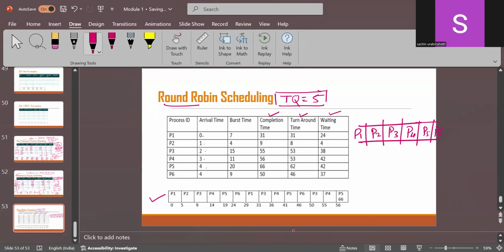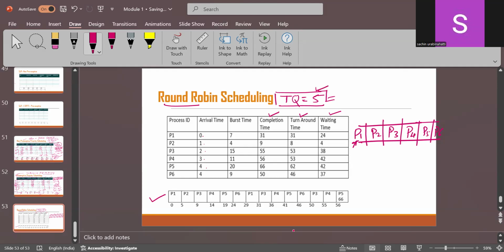Correct. So now, what does this time quantum mean? When I have given this time quantum as 5, it means every process will be given 5 units of time for execution, right? The first process taken for execution is P1 because it arrived first. P1 will be given the CPU for 5 units of time.